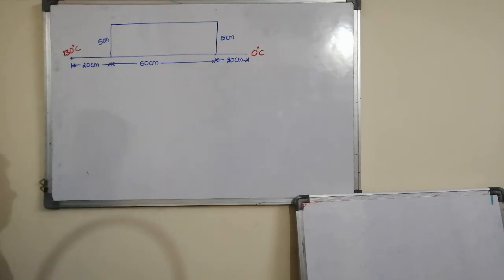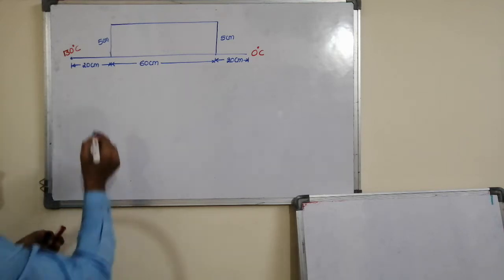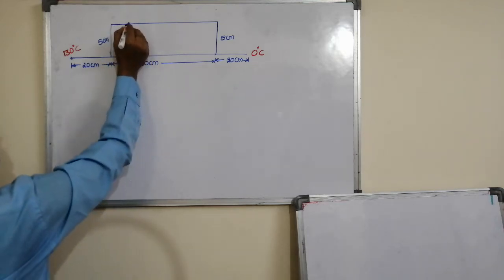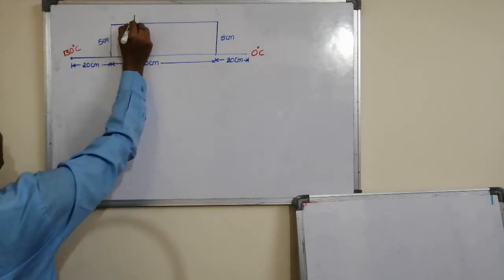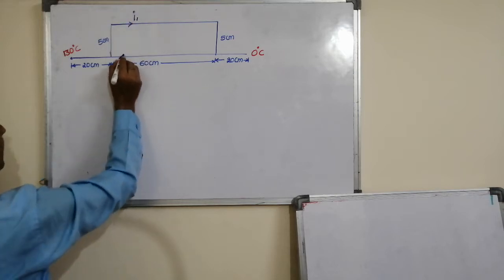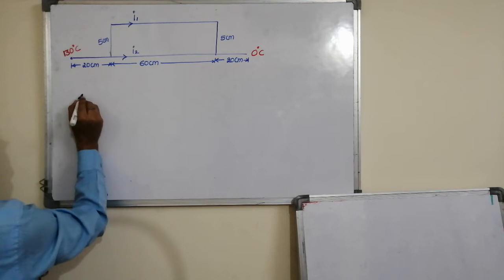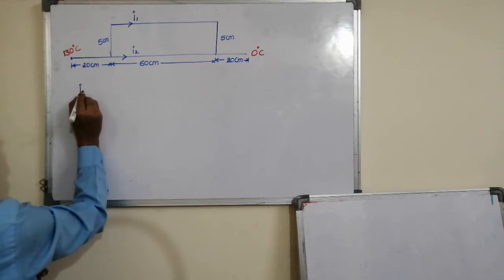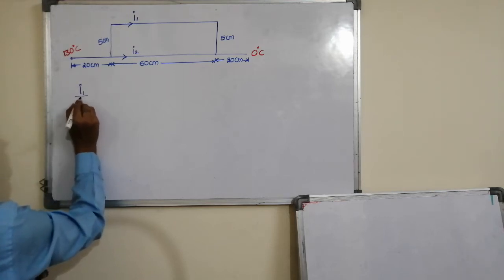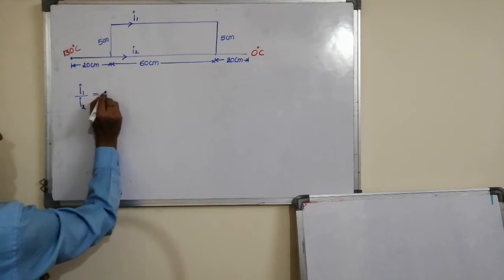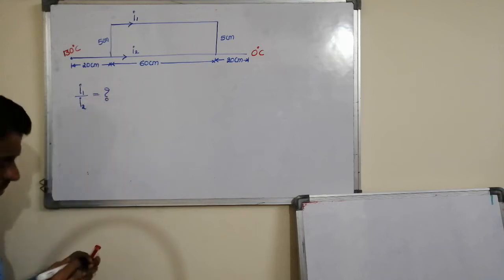Okay, so imagine, I am asking the ratio of current, say I1, the current flowing through here is I2. I am asking I1 by I2 is how much?